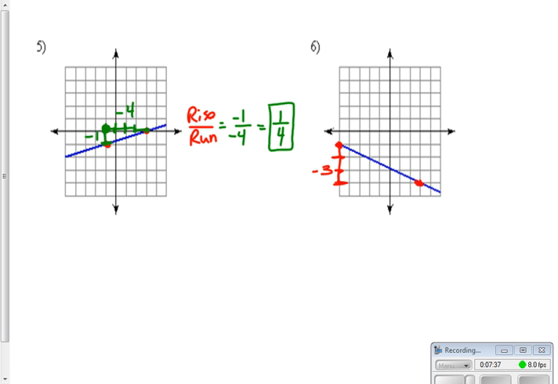From where I last left off, I move to the right 1, 2, 3, 4, 5, 6, 7, and 8 units. And when I move to the right, that is positive. My rise, up and down, is -3. My run is 8. So again, my slope here is -3/8. And we mentioned that this should be a negative slope.